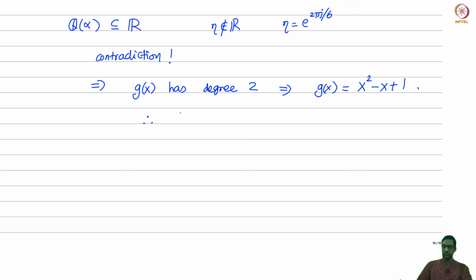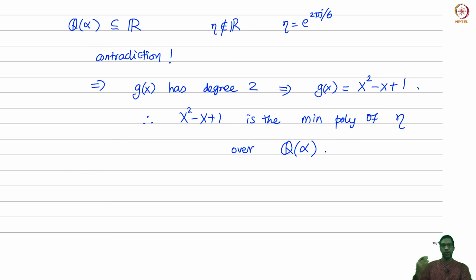So therefore x square minus x plus 1 is in fact the minimal polynomial of eta even over a larger field Q(alpha). A priori the minimal polynomial over a larger field only divides the minimal polynomial over a smaller field. But in this case, because the degree is very small, it turns out that these two are the same.